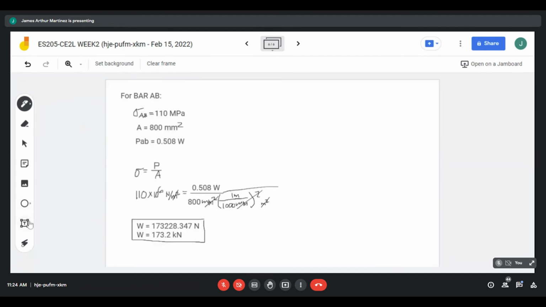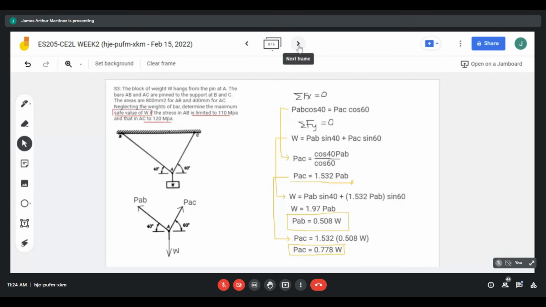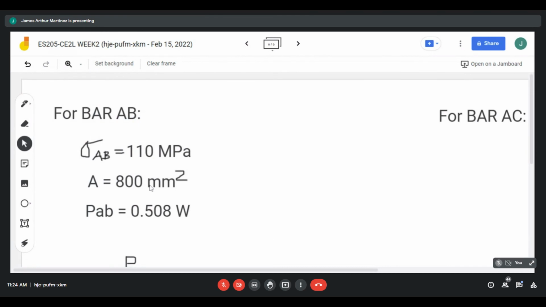So now, let's solve for bar AC. Its stress limit is 120 MPa.